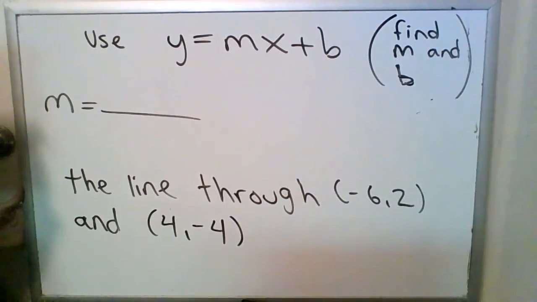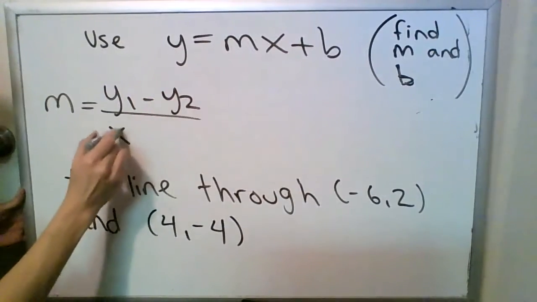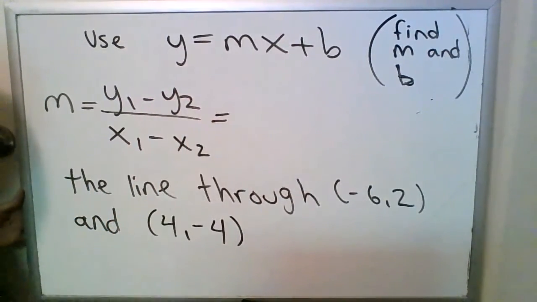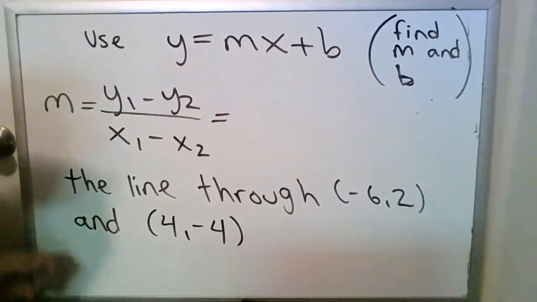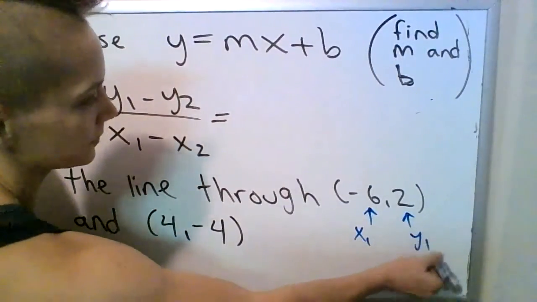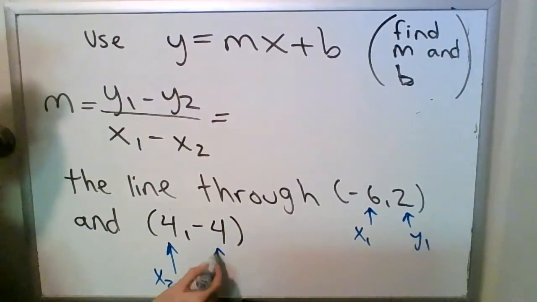Let's stick with y1 minus y2, over x1 minus x2. This will be x1. I'll call this x2, and that's y2.